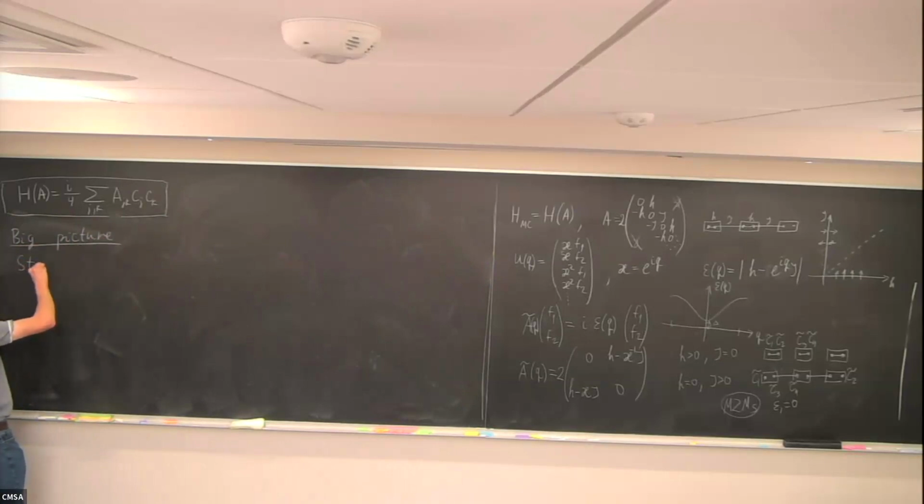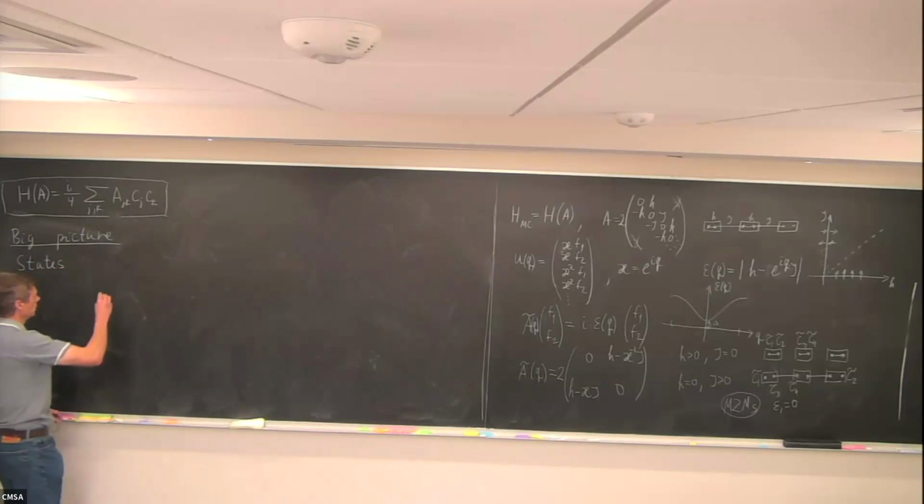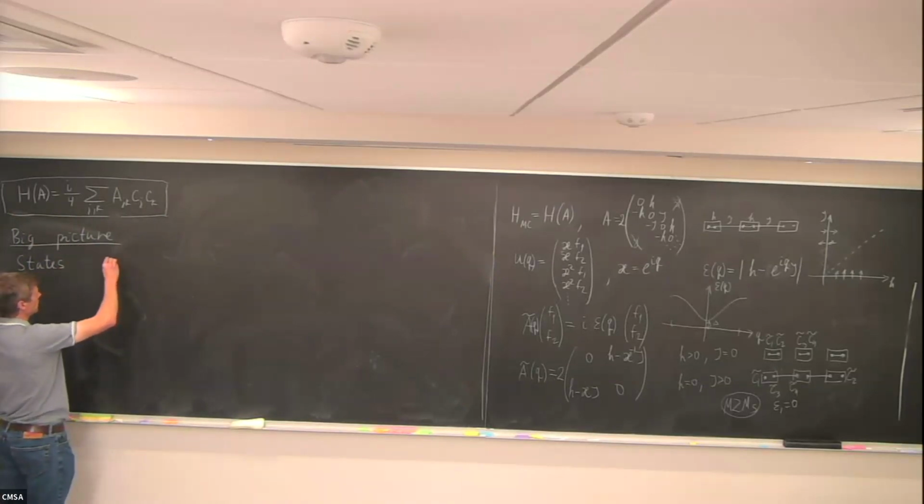We consider quantum states on a lattice in Rn, and we can consider different types of states. The simplest type is free fermion states.